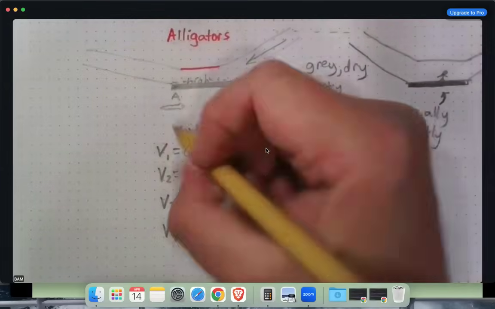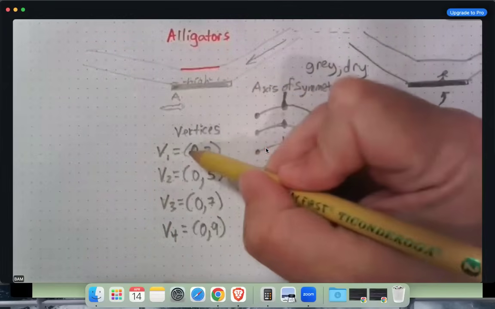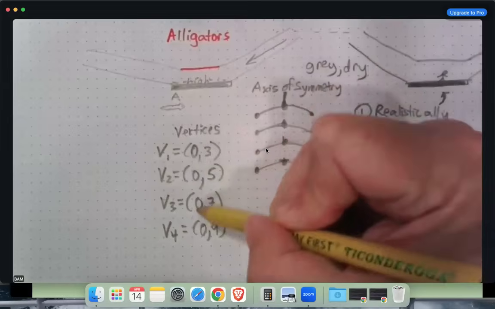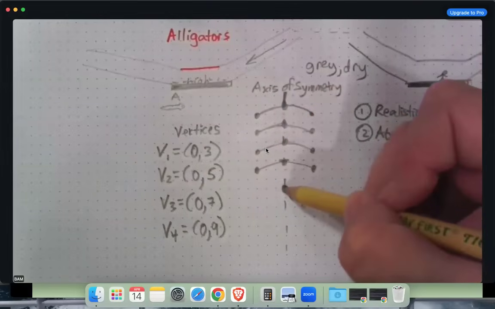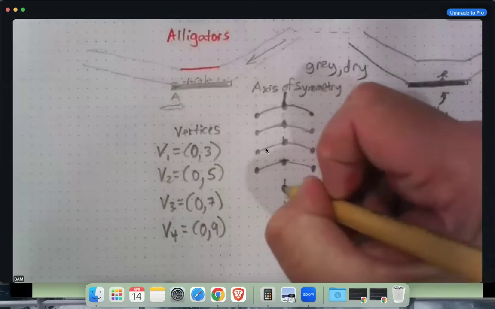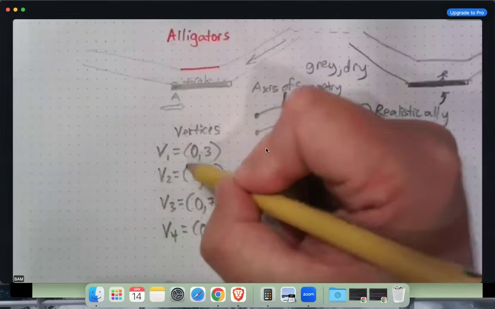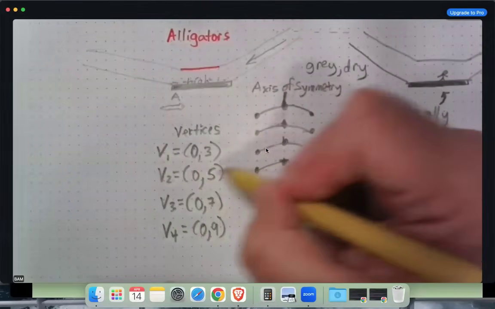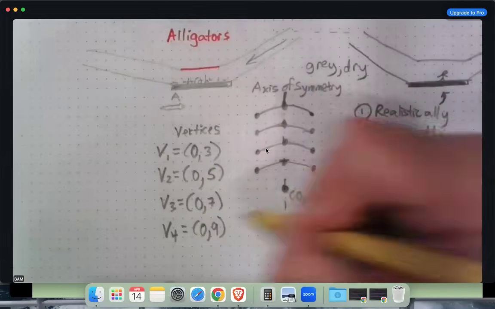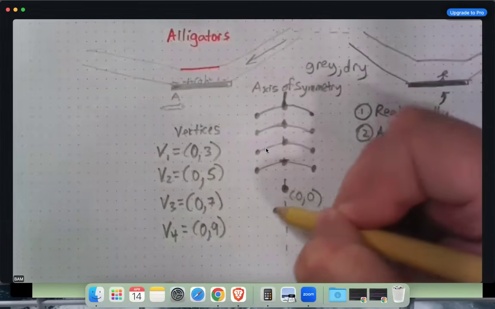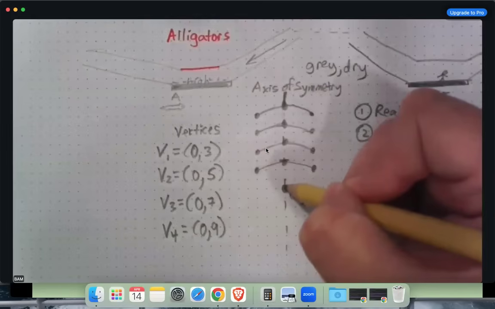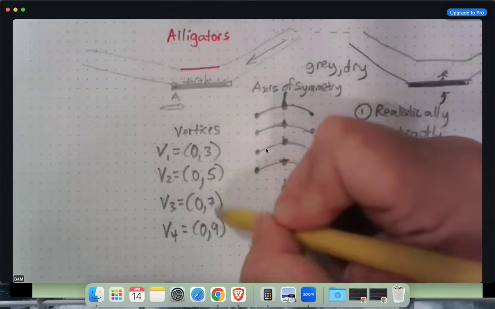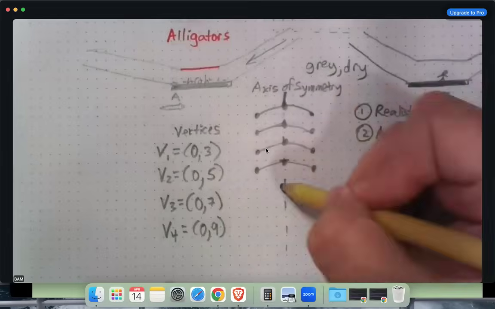So each of these is an ordered pair with the horizontal number of units from the origin first. Positive means right, negative means left, and the vertical number of units from the origin second, where positive means up and negative means down.